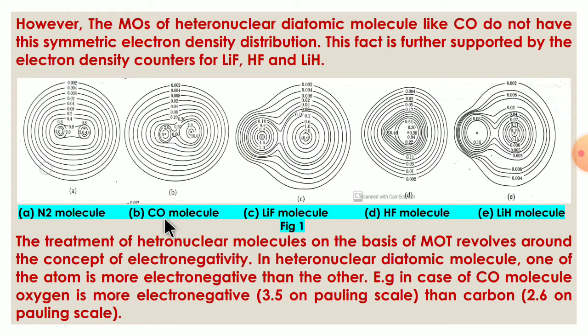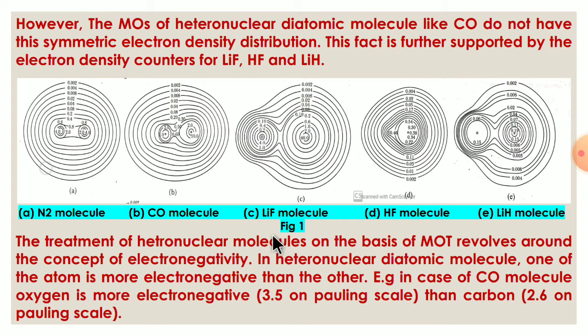But in the case of the CO molecule, oxygen is more electronegative, so it pulls electron density towards itself, and the electron density around the oxygen atom becomes more dense as compared to the carbon atom. Therefore, the unequal distribution of electrons takes place in the CO molecule.